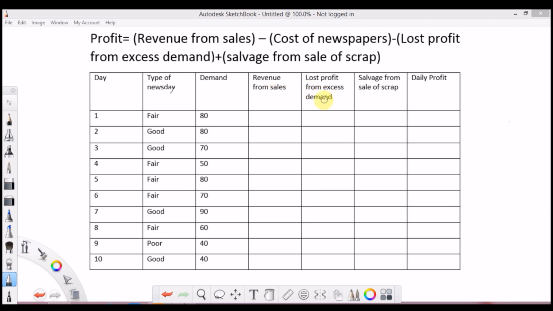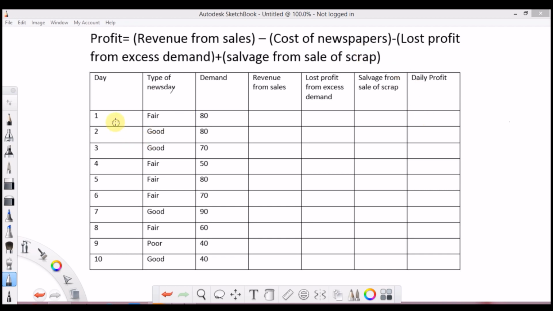That means excess demand was there but I didn't have enough supply, so that's my lost profit. And then salvage from sale of scrap. If I had a lot of newspapers but I couldn't sell everything, the scrap that has to be sold comes from this salvage from sale of scrap. And finally calculating the daily profit using this formula.